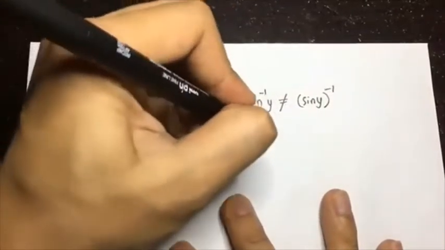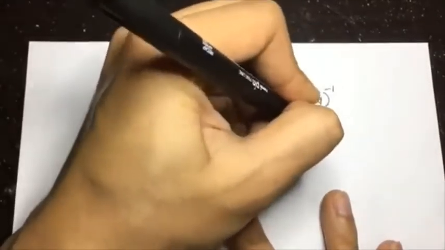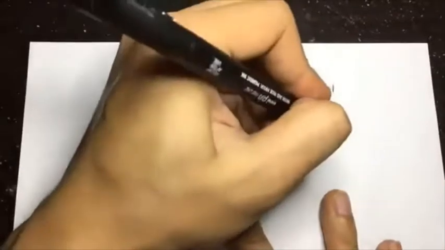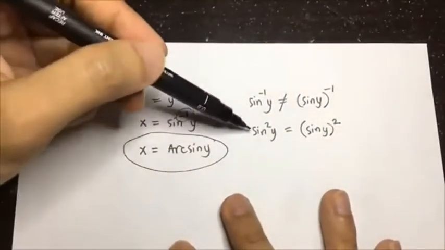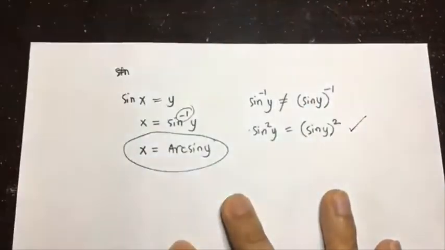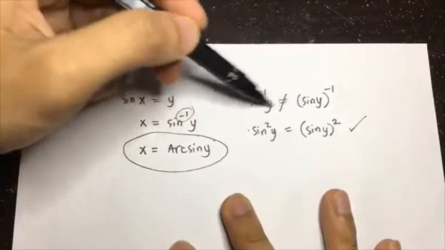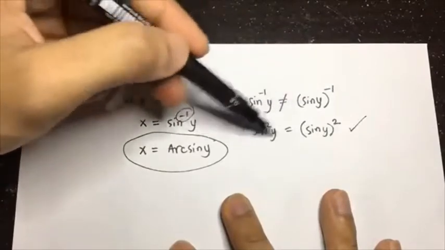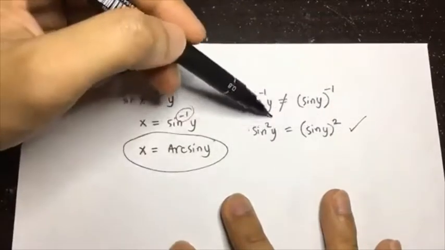Although when we say sine squared y, that is equal to sine y squared, so this is true, but the other is not. This only works if we have a positive exponent, I think.